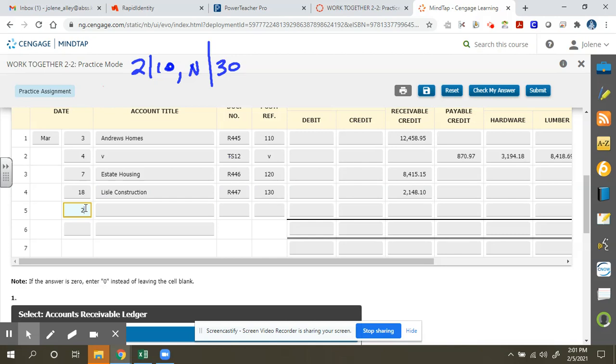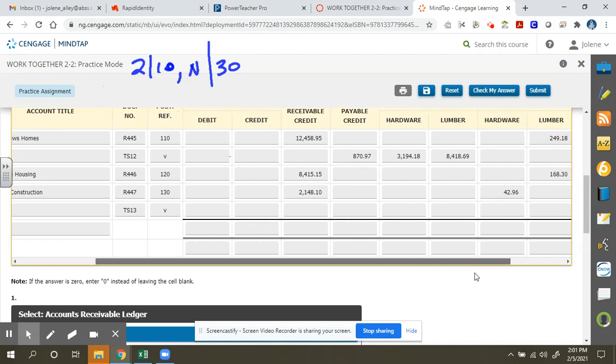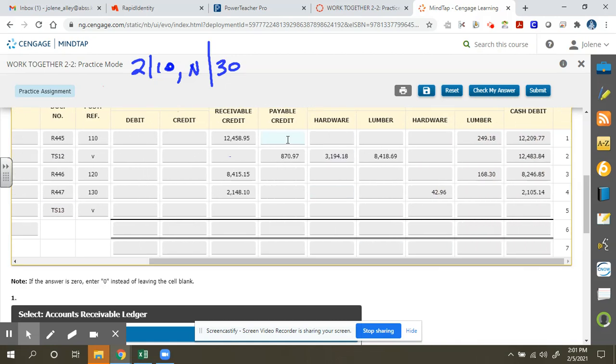Last one is on the 22nd. Quarterly cash and credit card sales. So here's where we put a V, and we'll put a V here because we won't have to post this. The terminal tape of number 13. Okay, this is no different than the one we did up here on the second line.